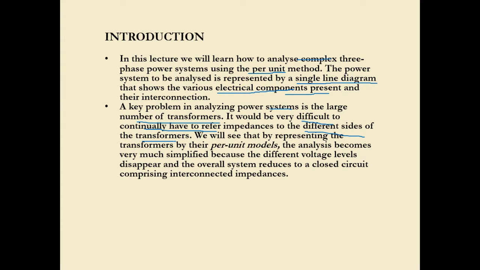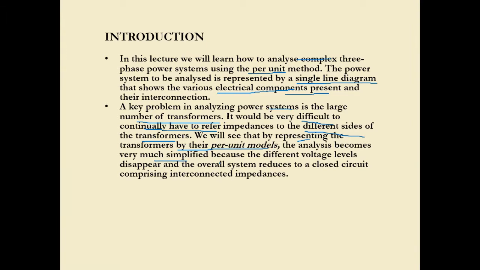We have the problem, once we come to the analysis, of which side of the transformer the impedance is to be referred to. By representing the transformers by their per unit models, the analysis becomes very much simplified.